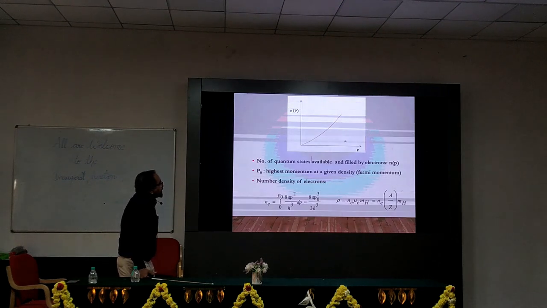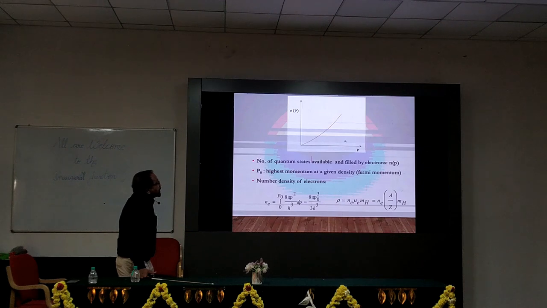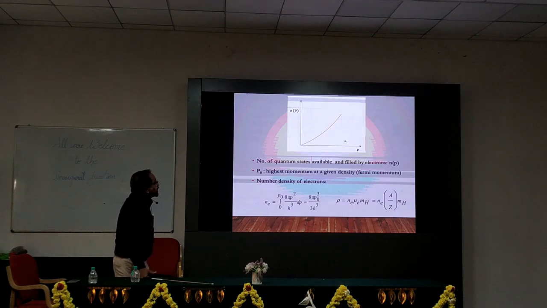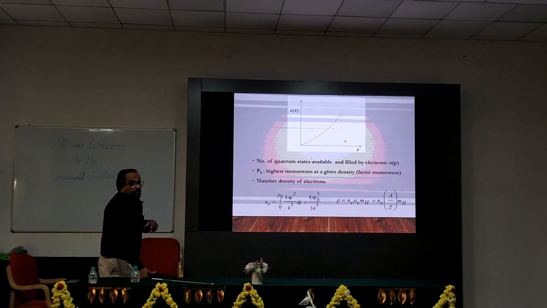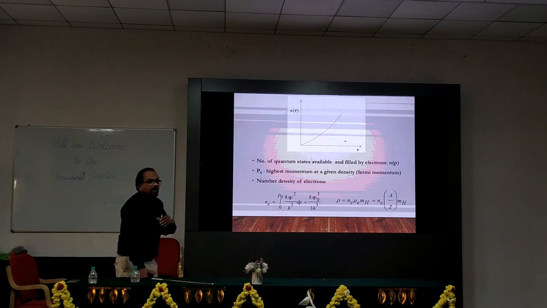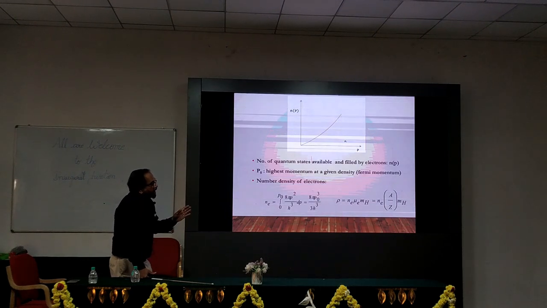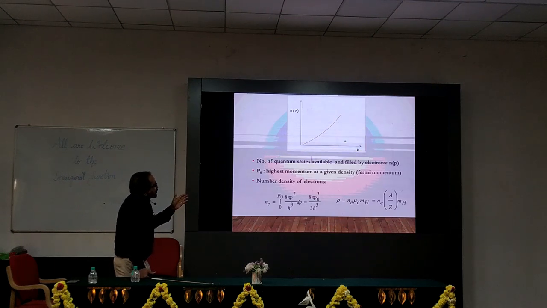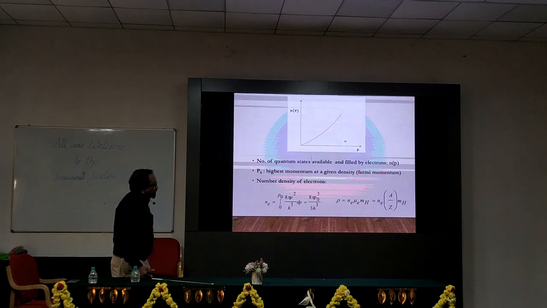Mu E is simply equal to A by Z, the number of nucleons per electron. Then mH is the mass of hydrogen. Usually they take the mass of hydrogen instead of the mass of the proton, neglecting the mass of the electron. These are the standard approximations in astrophysics. So the mass density varies directly as Ne.